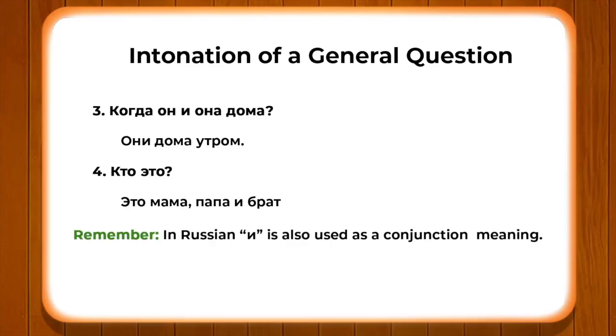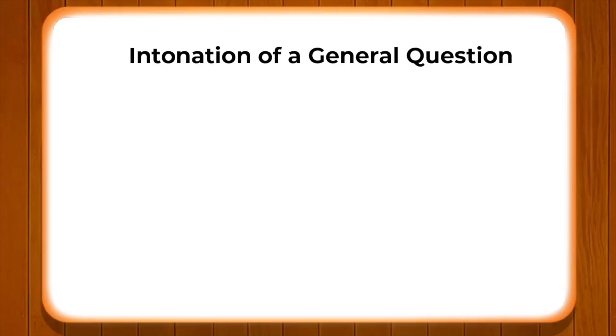So, please remember that in Russian, "i" is also used as a conjunction meaning "and". We have already done quite a few exercises and examples, and now we will do once more. "Mama i papa", mom and dad.